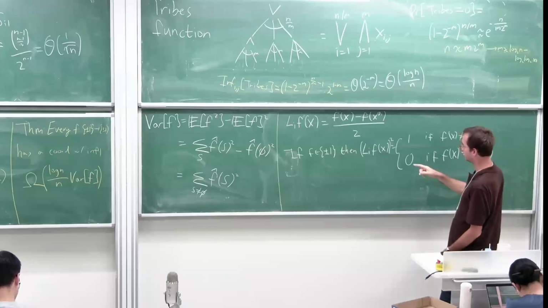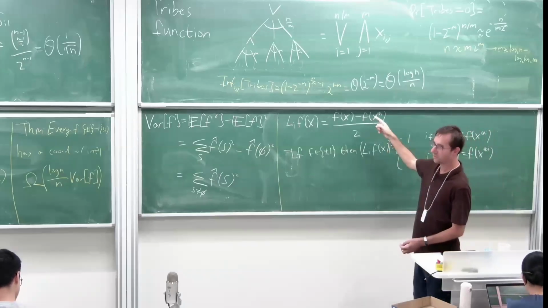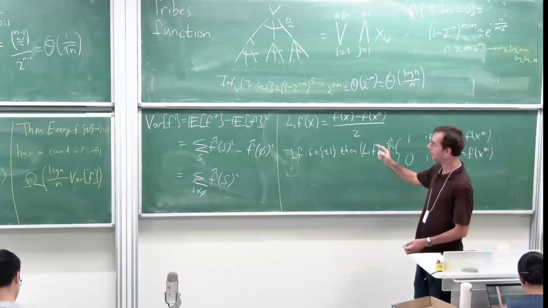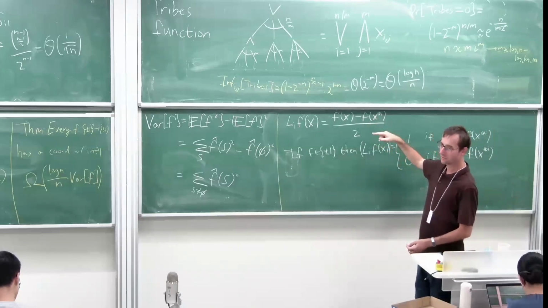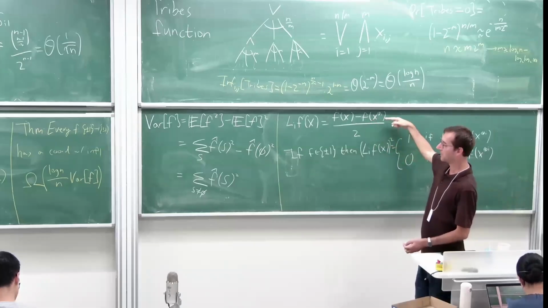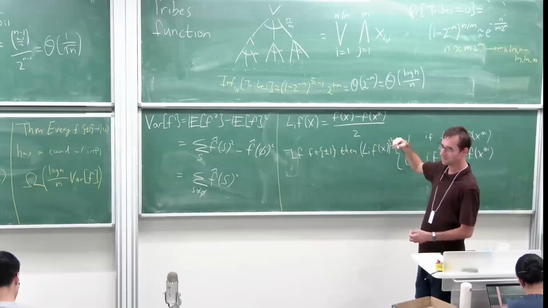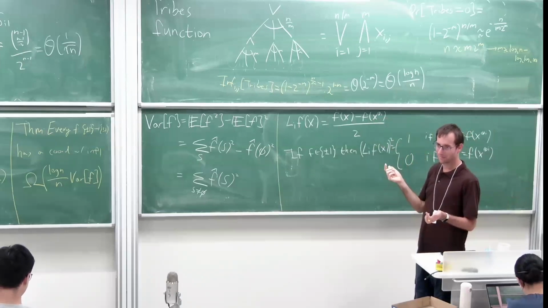Let's check this. If they're equal, then of course you get 0. Otherwise, it's 1 minus minus 1, over 2, so it's plus or minus 1, you square it, you get 1.